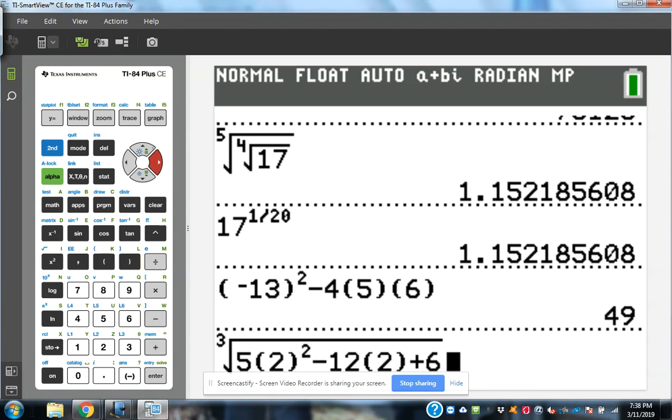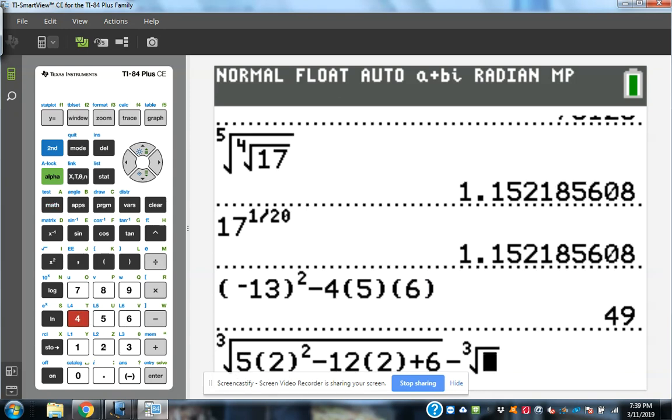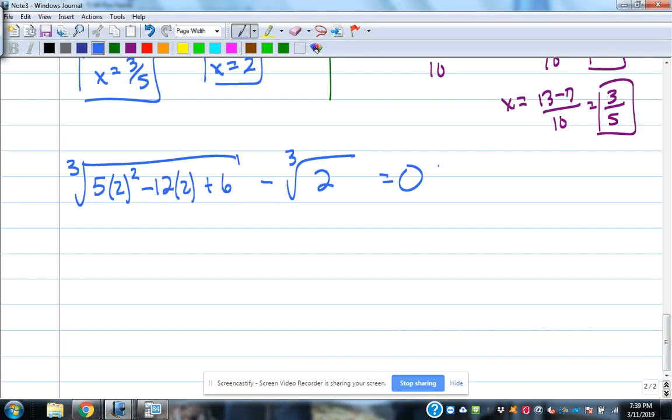Get out of that cube root, minus, put another cube root in there, and then put a 2 in there. Hit enter. I had 0. Means it worked. 2 works. Now let's do the same thing, but instead of putting 2's in there, I'm going to put 3/5.